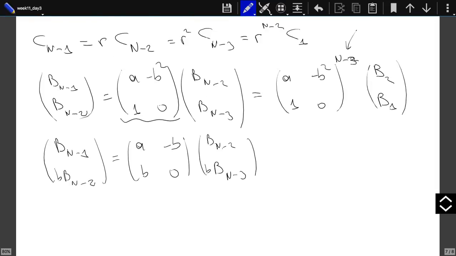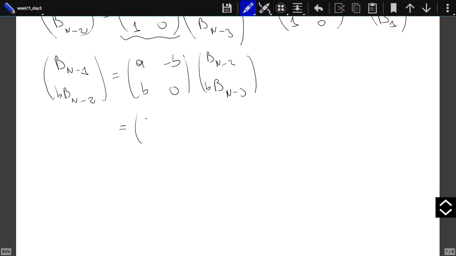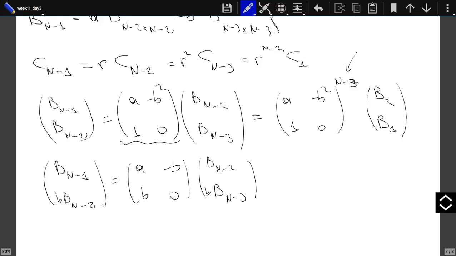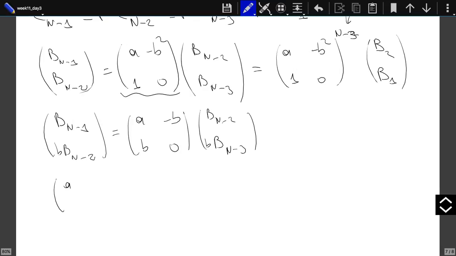And we can even write it in this form. No, let's just leave it in that form. Now what we want to do is the matrix A, minus B, B, 0.